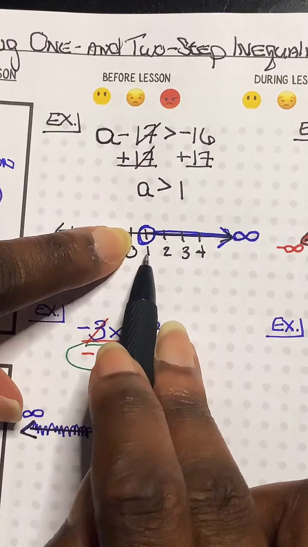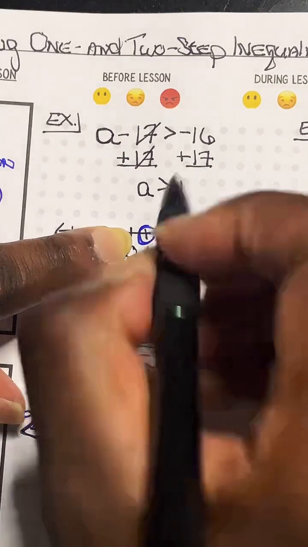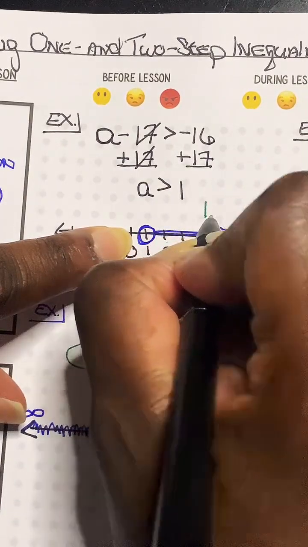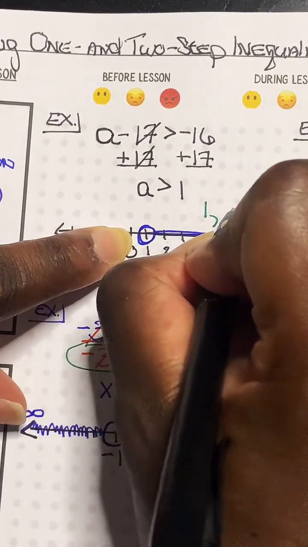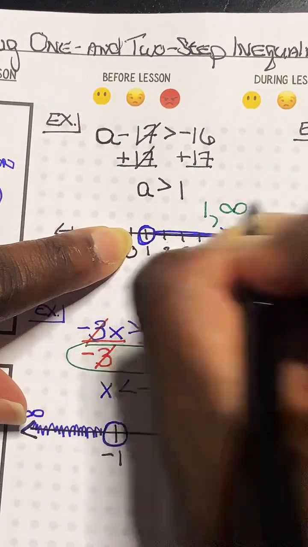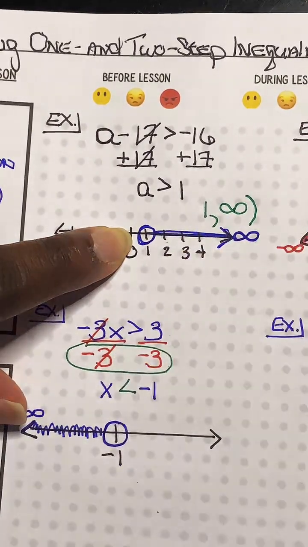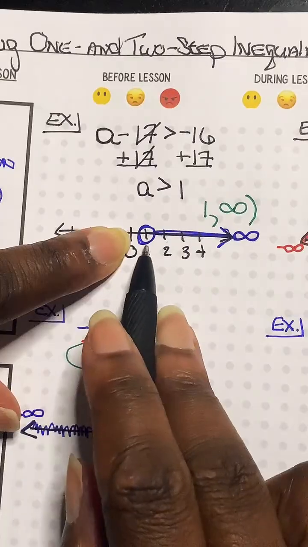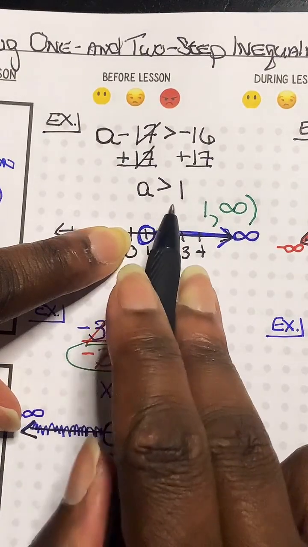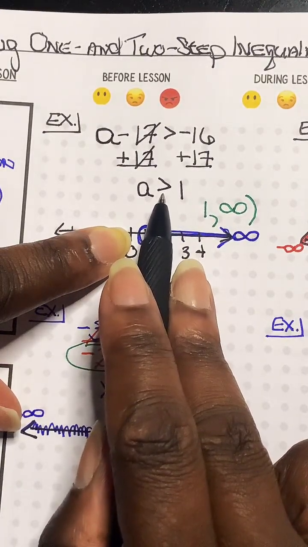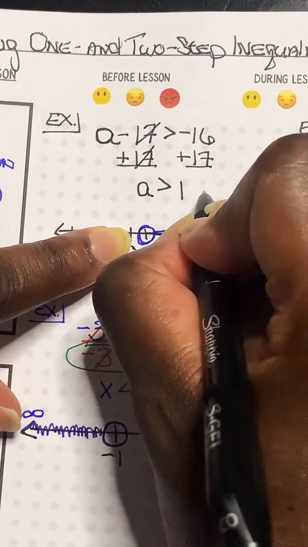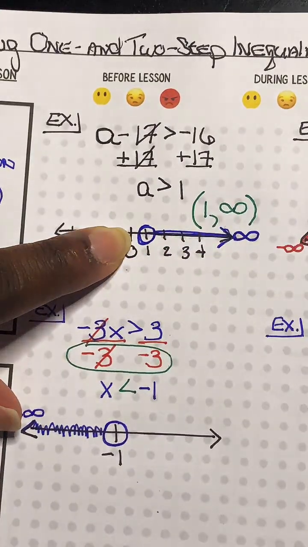Well, our lowest number is 1. So we have our 1, and it goes all the way to positive infinity. Now, your infinities always get a parenthesis. But since this is an open circle, because it's just greater than, this is also going to be a parenthesis.